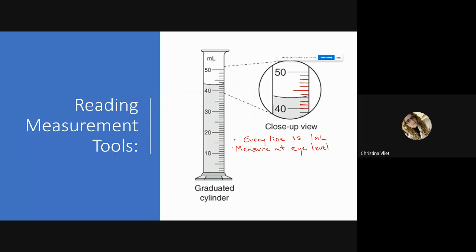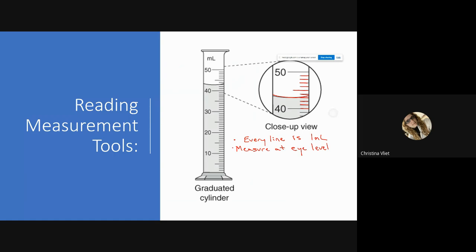The math term for this would be concave, I believe. You've heard of that, maybe? If not, not a big deal. The bottom of this curve has a fancy science name. It's called a meniscus. And so you're actually supposed to read at the bottom of the curve. So wherever you have the curved line, you're supposed to read at the bottom of that line.